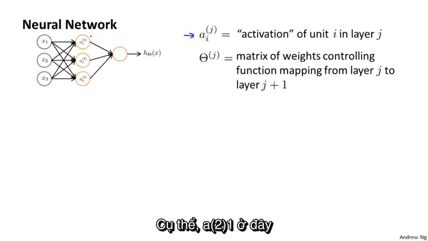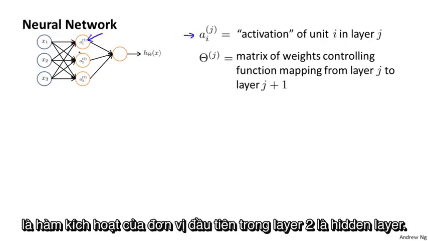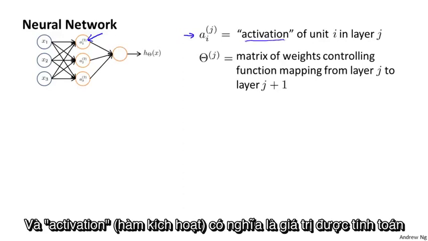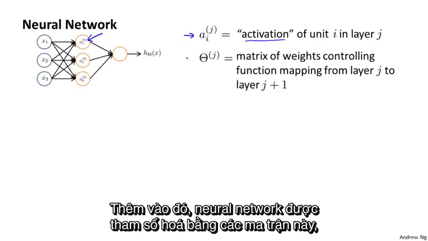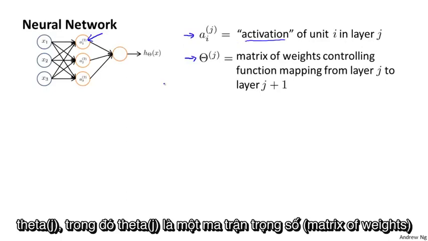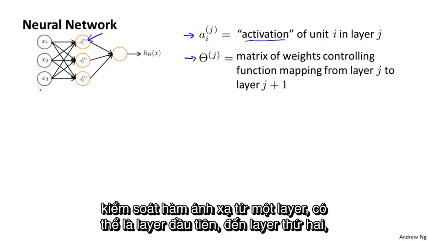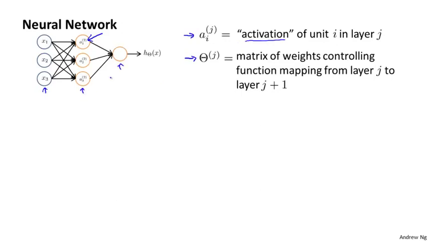Concretely, a superscript 2 subscript 1 is the activation of the first unit in layer 2, our hidden layer. By activation, I just mean the value that is computed by and output by a specific neuron. In addition, our neural network is parameterized by matrices theta superscript j, where theta j is a matrix of weights controlling the function mapping from one layer to the next, maybe from the first layer to the second, or from the second layer to the third.